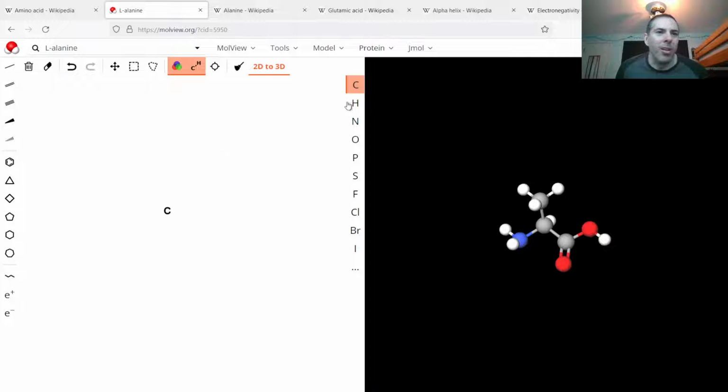So I'm going to draw alanine from scratch on this MolView website. We have our alpha carbon here with the amino group and carboxylic acid group.